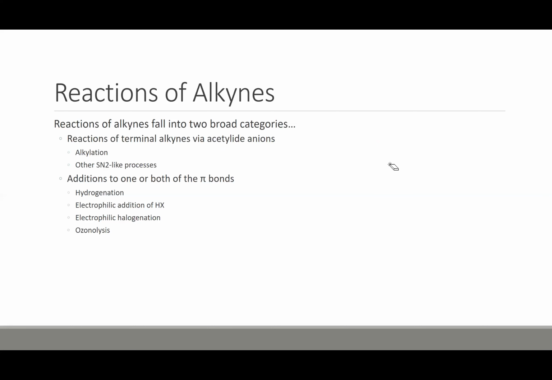Then we're going to be talking about general additions that can occur over a triple bond. We talked about addition reactions on double bonds at length, and triple bonds have very similar types of reactions. So a lot of this will be similar to what you learned in the last chapter in double bonds.